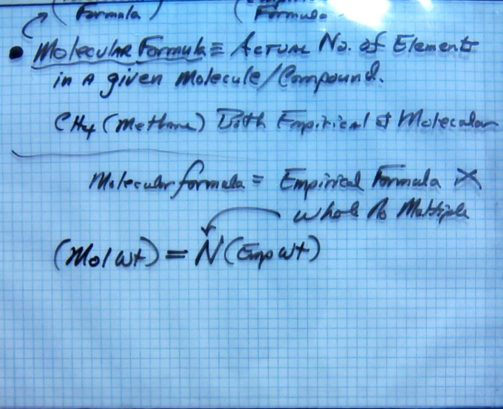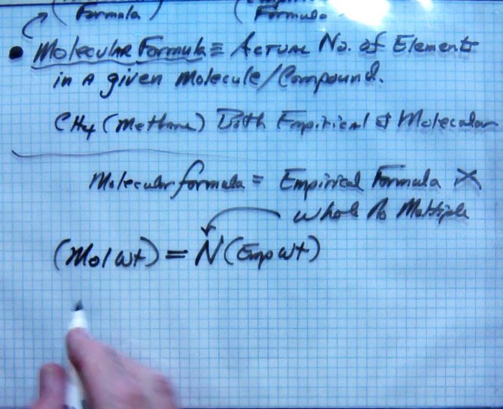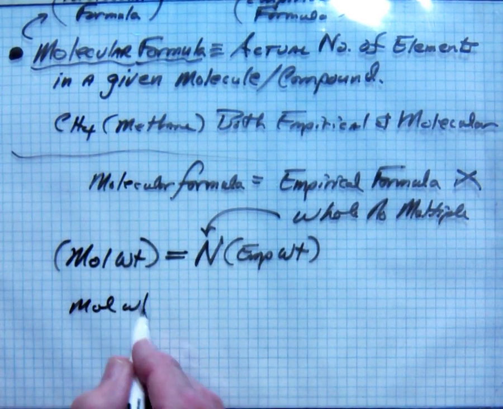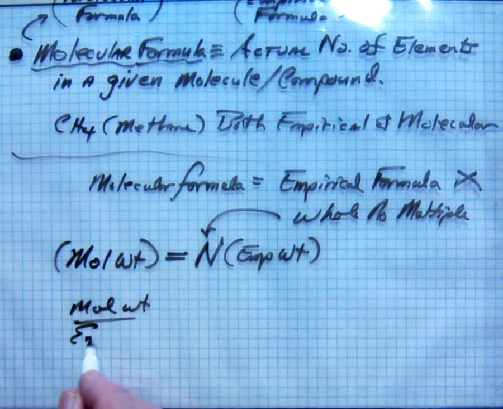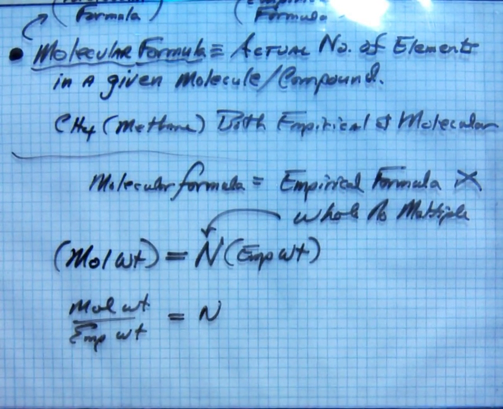In problems relating to this concept, you have to be given mole weight, but you will determine empirical weight and then divide empirical weight into mole weight to get that whole number multiple, and then take that number and distribute it through as a subscript through the molecule. I'll show you when we get there.